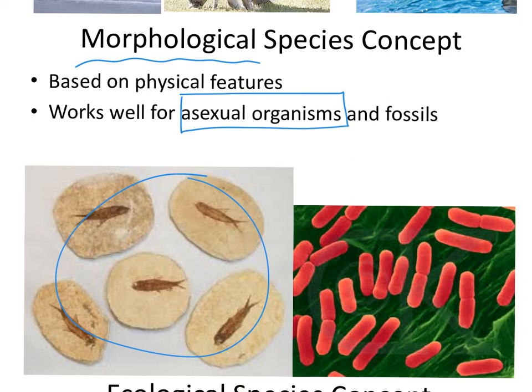So if I'm saying the definition of a species is that they can breed and produce fertile offspring, well, where do asexual organisms fit into that? So this definition also works for things like bacteria, which come in a variety of shapes. I can study what they look like and determine are they the same species or not.